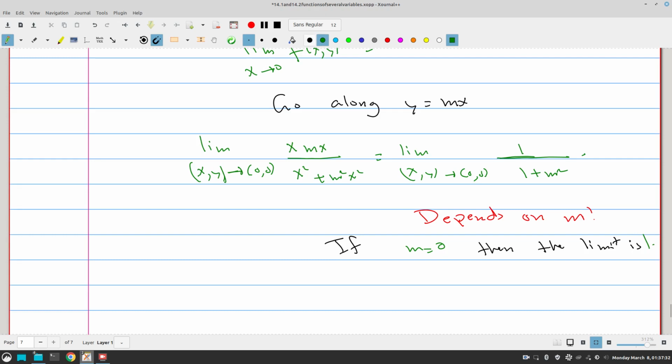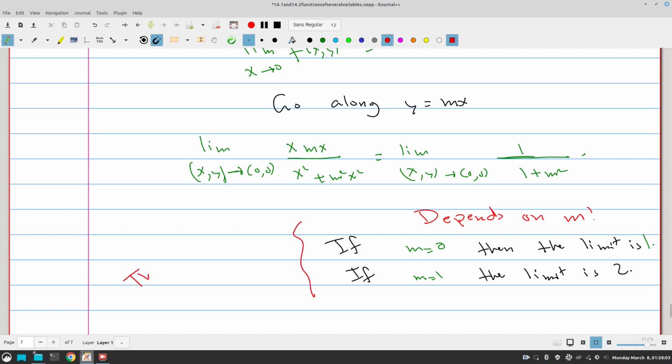If m equals 1, the limit is 1 half. You choose different paths and you get different limits. So this tells me that the limit does not exist.